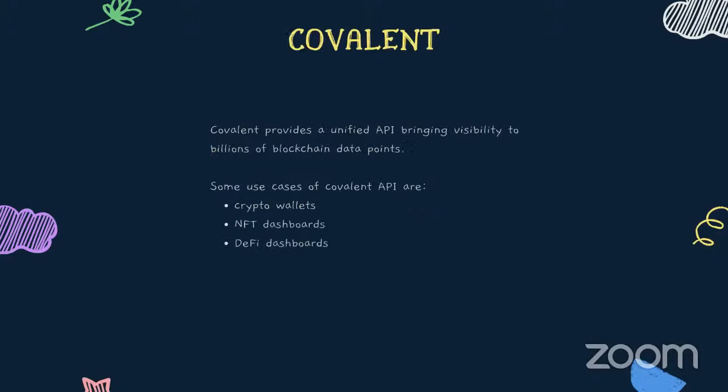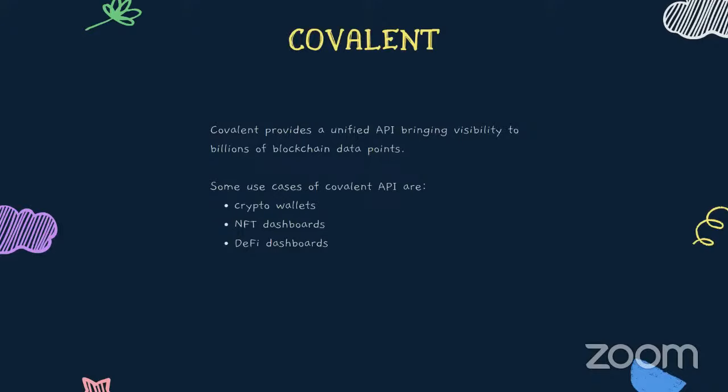Then you have Covalent. Covalent provides a unified API, bringing visibility to billions of blockchain data points. Like I said before, Covalent is just an API. They do not have a dashboard that you can use like other platforms such as Zapper and InstaDApp. With the Covalent API, you can build platforms like Zapper and InstaDApp.